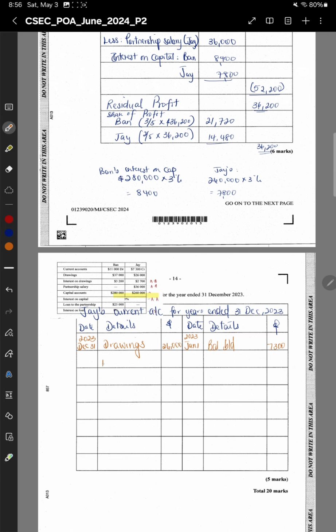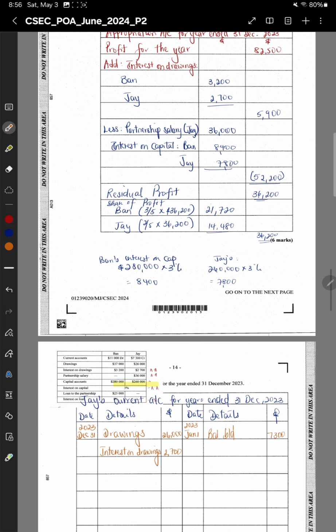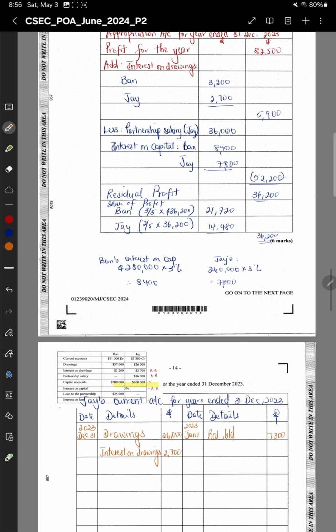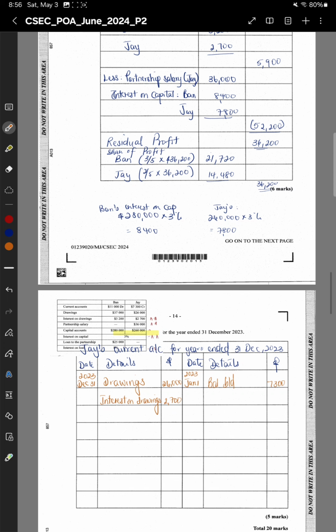And then we have interest on drawings over here, and this is for J, it is $2,700. The next item we're going to collect from the appropriation account is partnership salary. J also received a partnership salary.